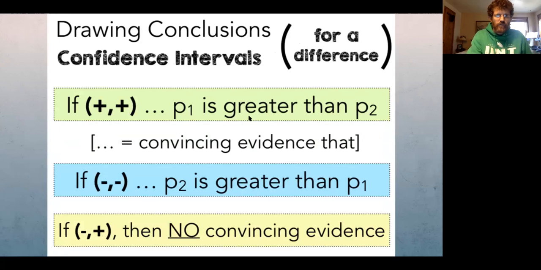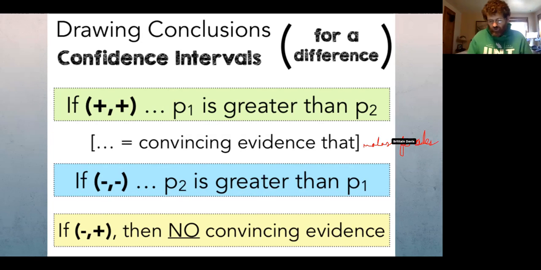Okay, and the conclusions we can use is if the confidence interval is positive to positive, like our example was, then P1 is greater than P2. If it's negative and negative, then P2 is greater than P1. So just keep in mind, if we had switched to males minus females in our example, there's nothing that said we couldn't do that.